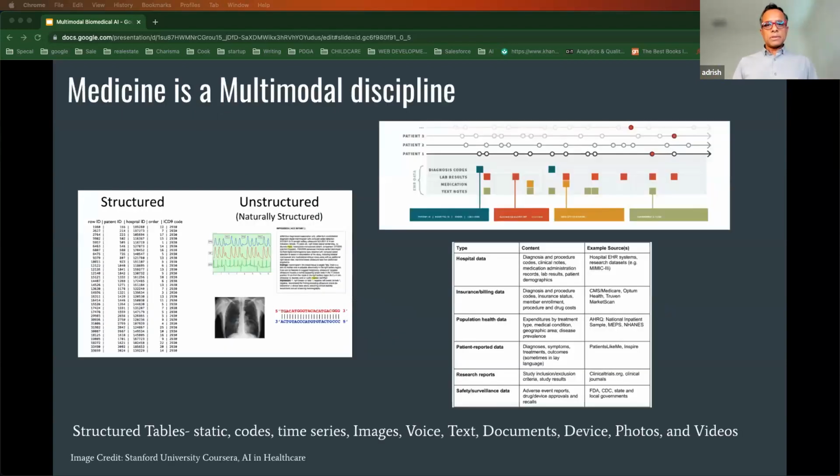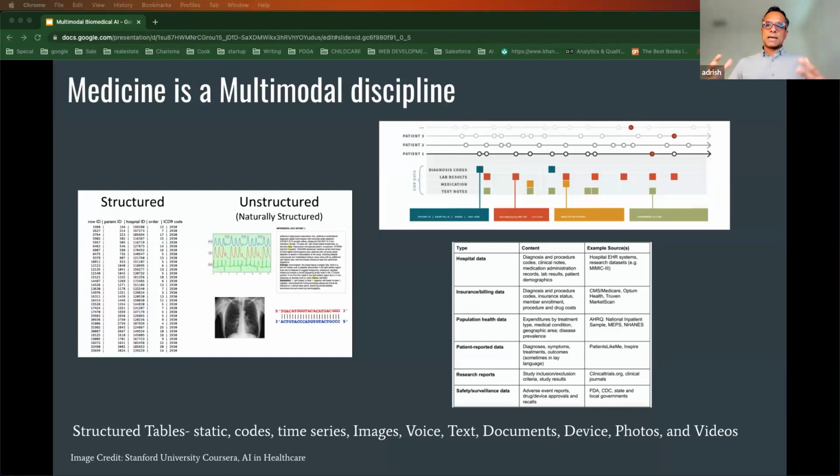And if you think about it, medicine is by definition multimodal, because when you go to your doctor, they don't just look at your lab test. They have a conversation with you. They probably look at how you're talking, whether you're balanced, and then they also look at your images, and maybe they look at your skin, like a photo of your skin.